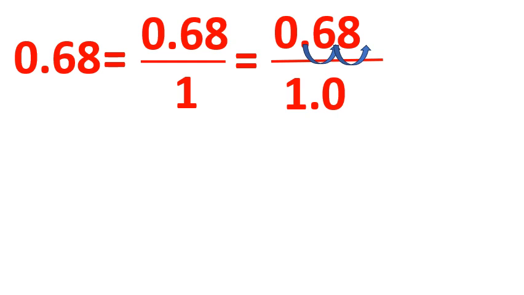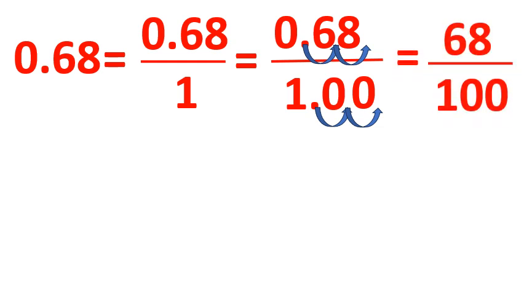So in the 1.0, I'm going to move the decimal to the right 1 and another spot. So that 1.0 now becomes 100. And the numerator, 0.68, now becomes 68 because I moved the decimal 2 spots to the right. So now I can rewrite that as 68 divided by 100.